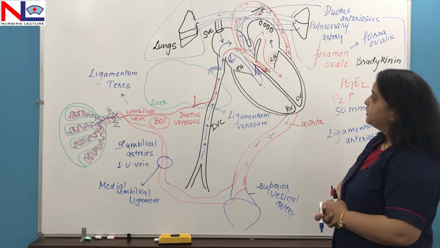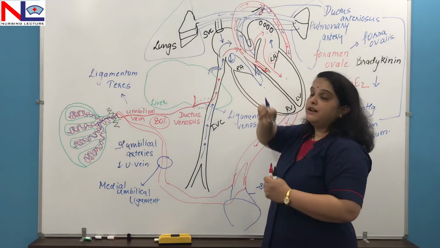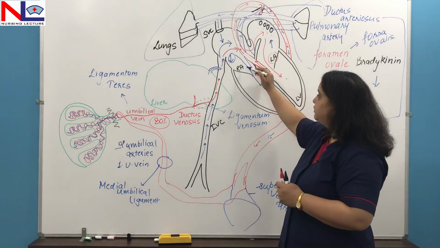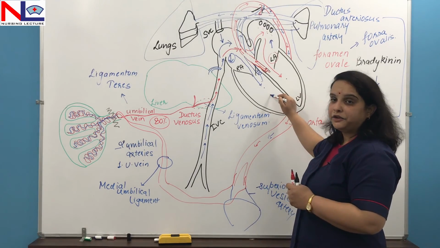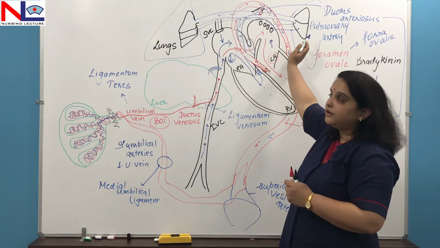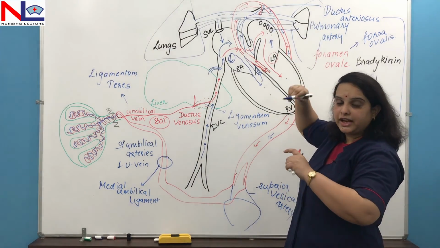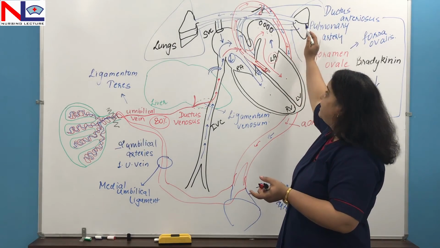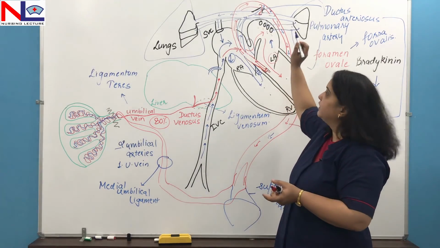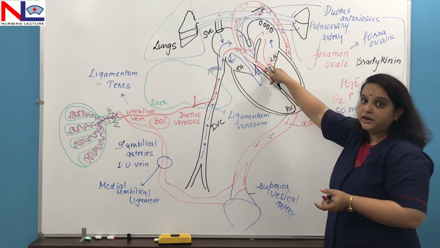and in this circulation the blood which is coming through the inferior vena cava and the superior vena cava directly comes into the right atrium. Through the right atrium it goes into the right ventricle, and from the right ventricle it enters into the pulmonary trunk or artery and supplies the lungs where the exchange takes place, and from there the oxygenated blood comes into the pulmonary vein, and that enters into the left atrium.